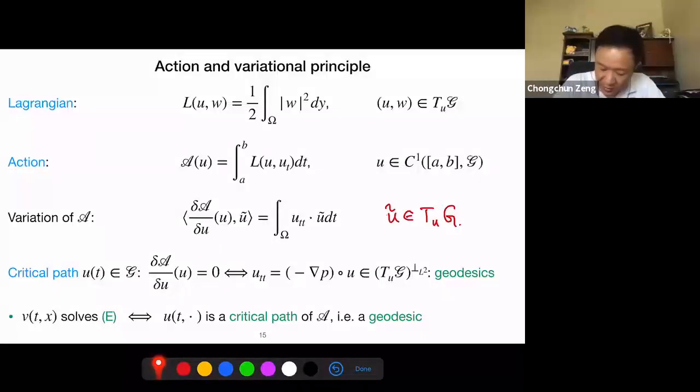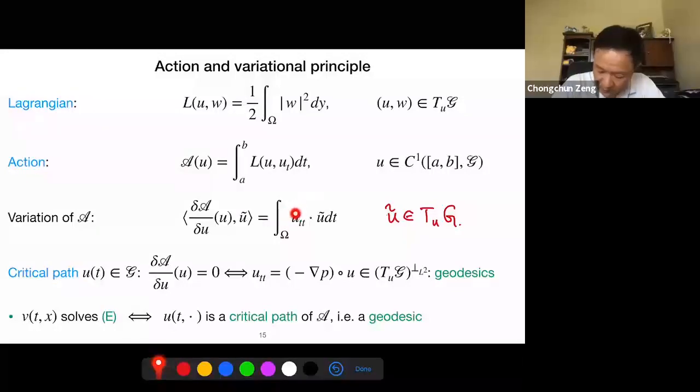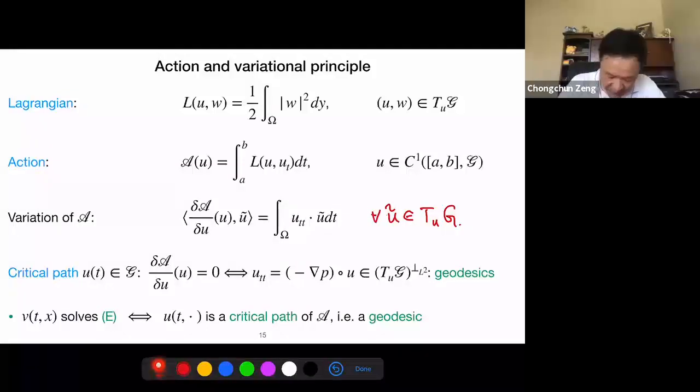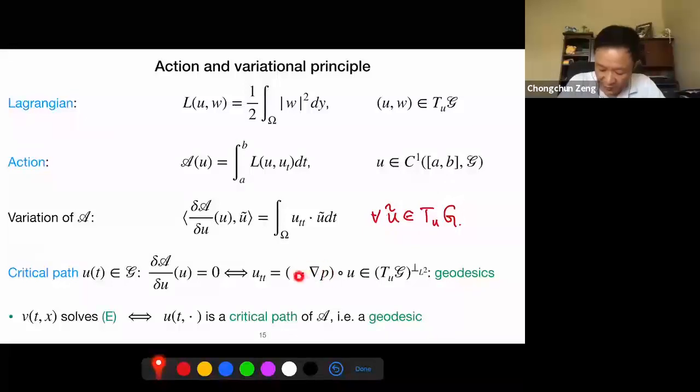When this is not arbitrary, then this is not necessarily 0, but this has to go through all the possible tangent vector fields. So this must have tangent component 0. So it has to be exactly in the orthogonal complement of the tangent space. As we just wrote on the last page, the L2 orthogonal complement of the tangent space of the configuration space is given by the space of gradient vector fields.